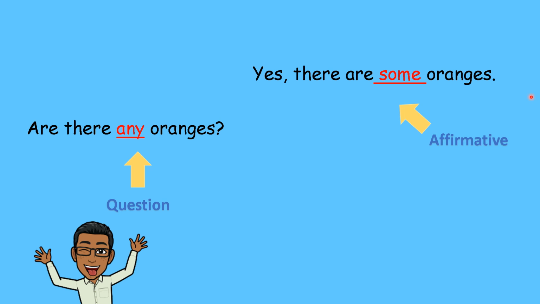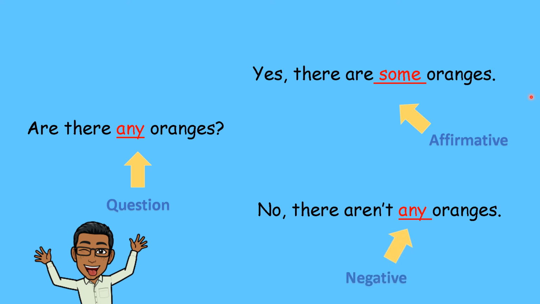Remember, for affirmative sentences, use some. Next, if you have a negative sentence, no, there aren't any oranges. Use any. Use any for questions and negative sentences. For affirmative sentences, use some.